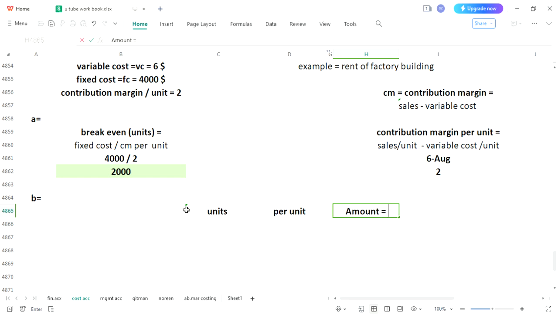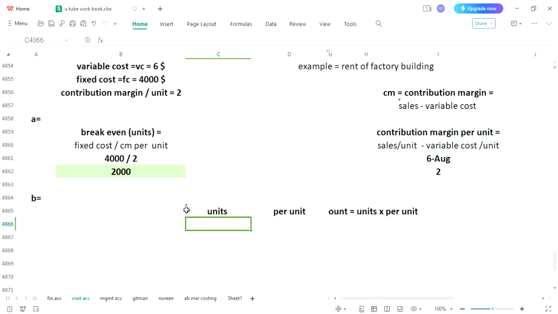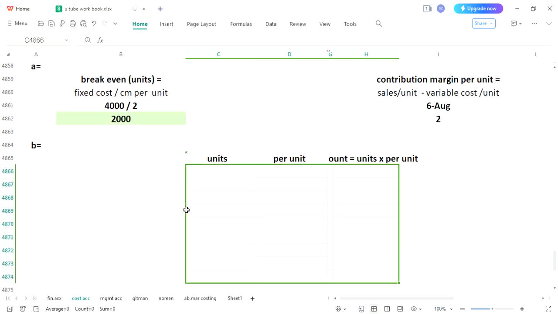And how do you calculate your amount? Units would be multiplied with per unit. So in this way you will calculate your figures.